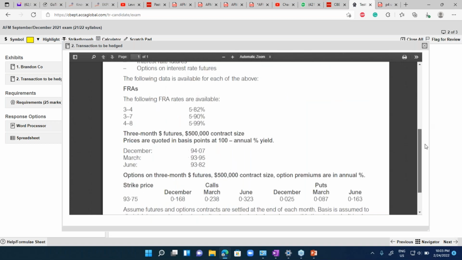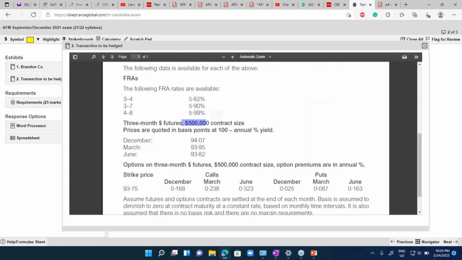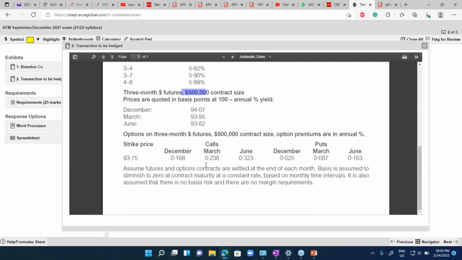For FRA is given, this is future, $500,000 contract size, yields are given. Assume future and option contracts are settled at the end of month. Basis is assumed to diminish to 0. It is also assumed that there is no basis risk and there is no margin requirement.